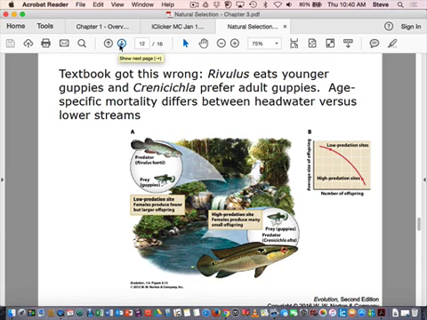You go up here in the low predation sites, what happens? They're producing fewer offspring, but much larger. Okay? So we're going to come back and try to explain that. What I'd like you to think about is why is that happening, and why is selection favoring that?